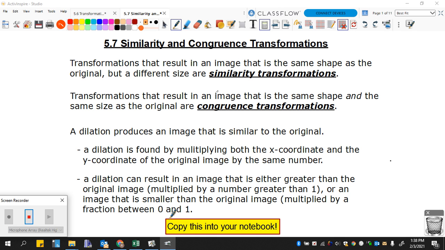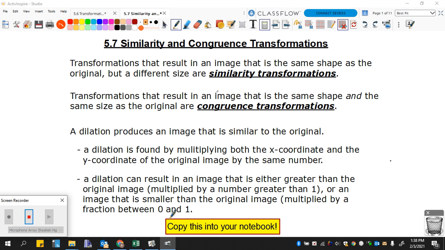Well, this lesson we're going to talk about similarity transformations that still have the same shape, but they're going to be a different size. They're either going to be larger or they're going to be smaller. Okay, so those are called dilations.